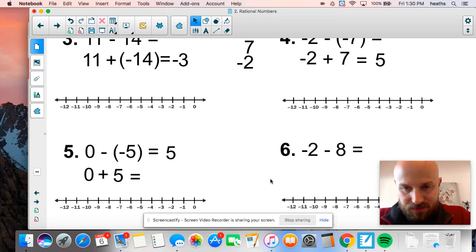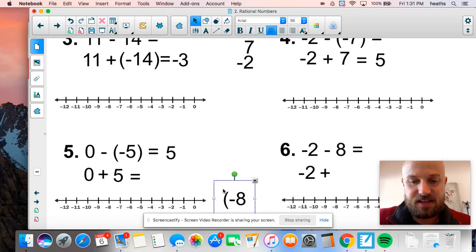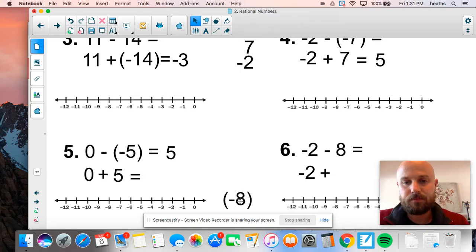And we'll finish up with number 6, which is going to be negative 2 minus 8. So negative 2. We're going to add the opposite, which is going to be plus. And now, what is the opposite of positive 8? It is actually negative 8.